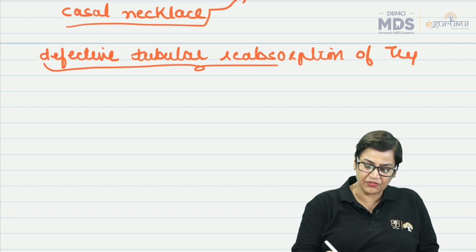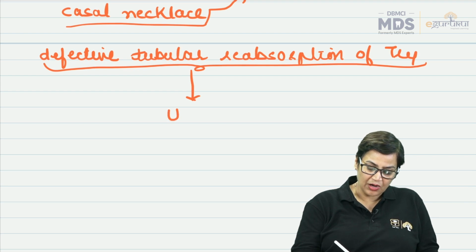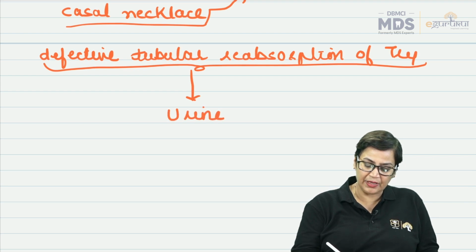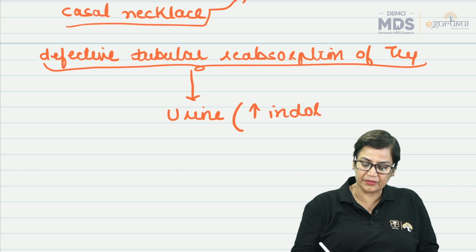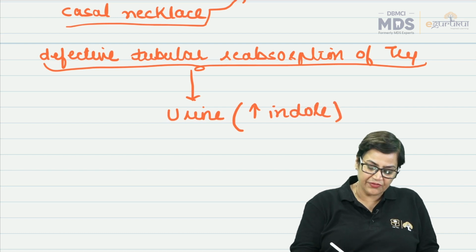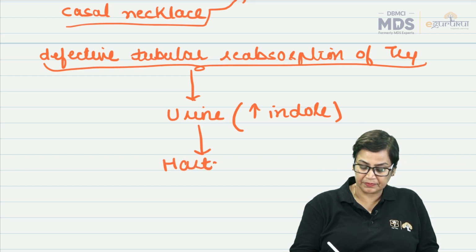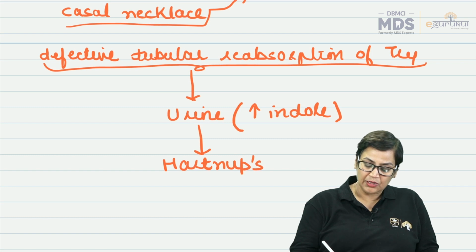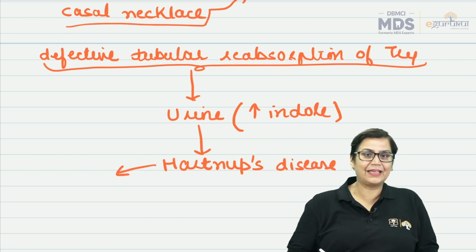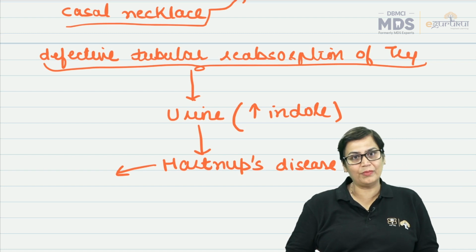the urine of that patient will be having indole derivatives, and it will lead to Hartnup's disease. In Hartnup's disease also, pellagra will be the main common symptom.